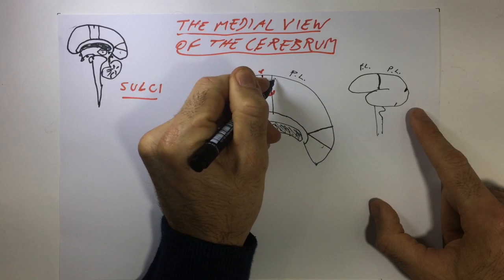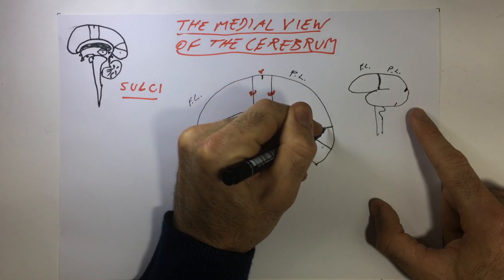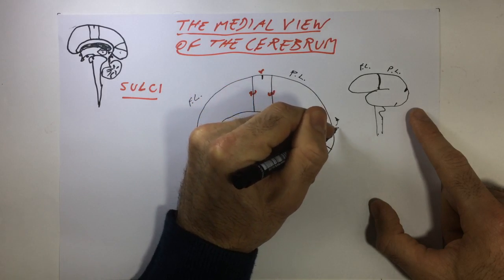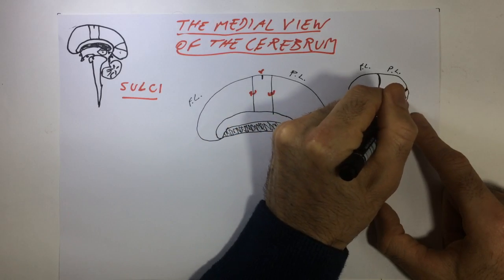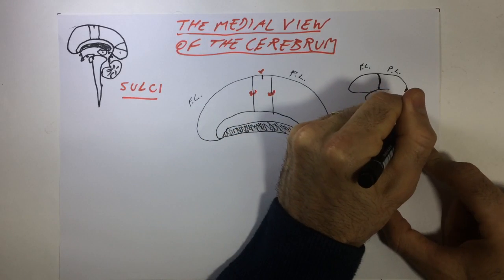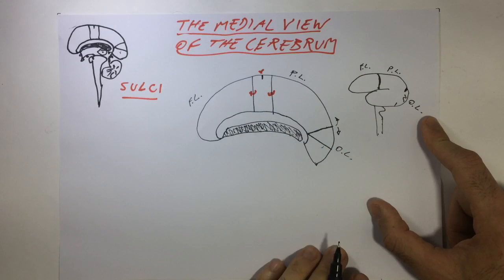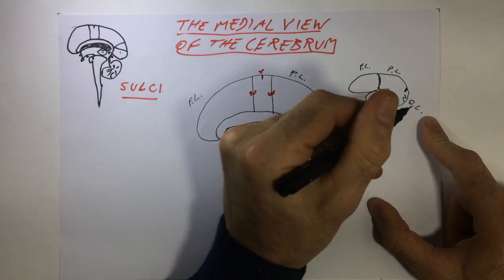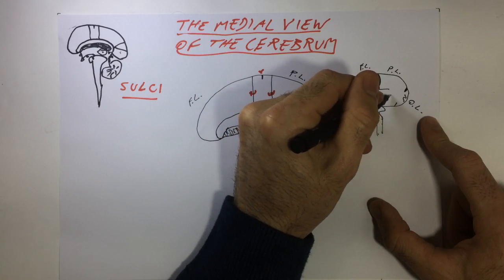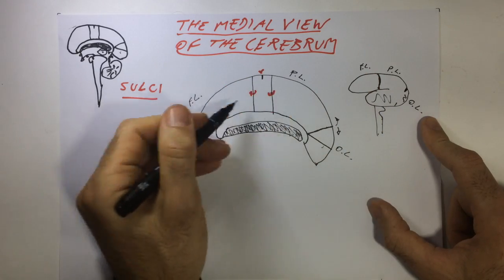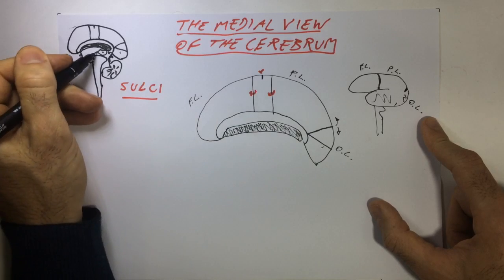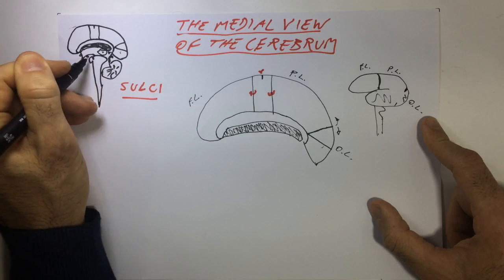So here we have the parietal lobe until here, and down here we have the occipital lobe. So that would be the occipital lobe. And of course, the temporal lobe, we can't see it here because the temporal lobe would be in the back of this structure.